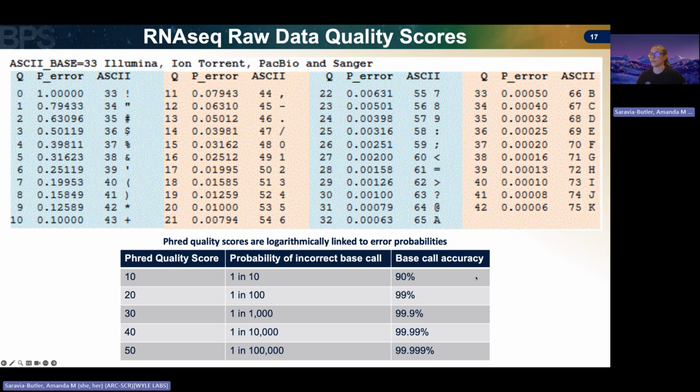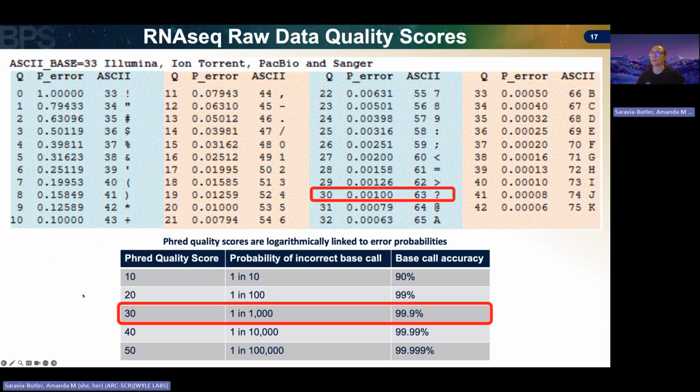And just what that confidence looks like here, as a reminder, this is in a logarithmic scale, so that a Q score of 10 is going to represent a 1 in 10 probability of the base call being incorrect, or a 90% accuracy.